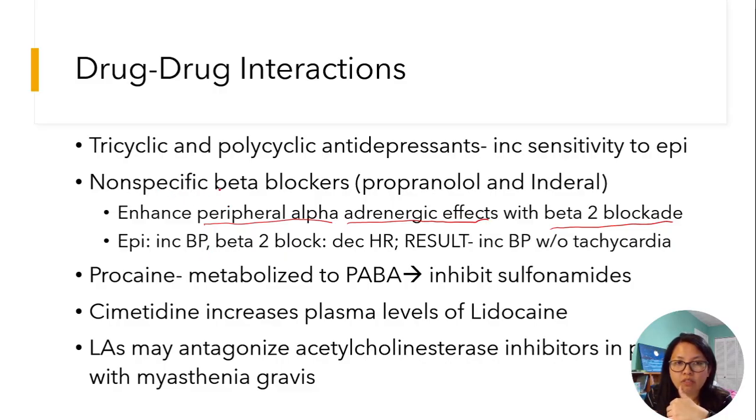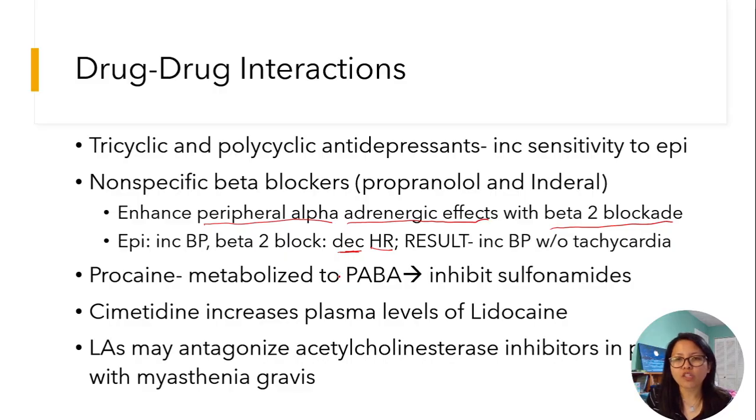Now, non-specific beta blockers enhance peripheral alpha, so it means it would increase blood pressure, but it also blocks beta 2. For levonordefrin, that's not a problem, but for epi, beta 2 blockade would mean the patient would have a decrease in heart rate. So what is the end result?